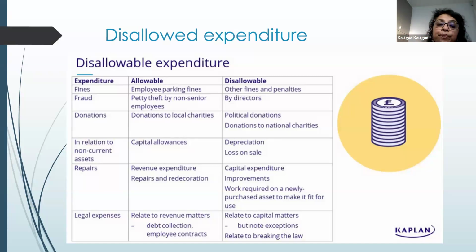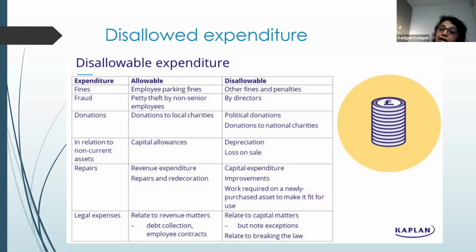Then what is disallowed? Anything to do with a capital expenditure. If you have bought an asset, and you had to repair that, you know that you have learned this multiple times in level 3, level 2, level 4. If you have done the DAIF module already, you all know that when you buy an asset, and you spend money on that to make it usable, it is not classed as a revenue expenditure, it is classed as a capital expenditure.